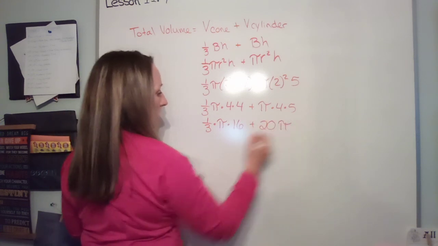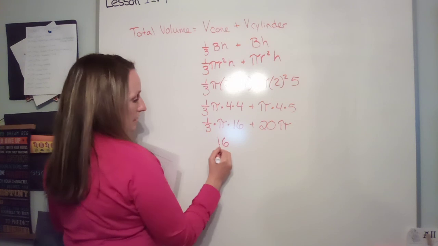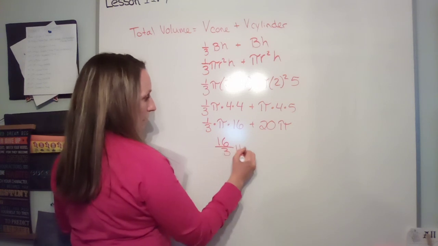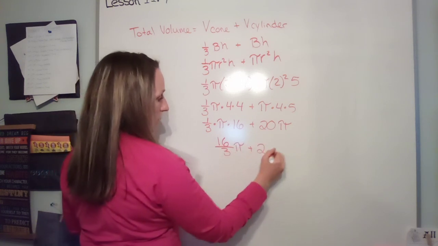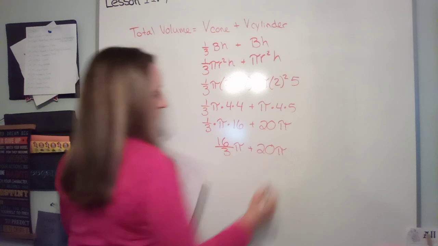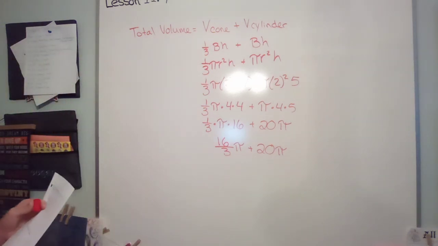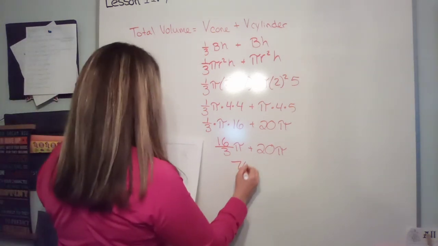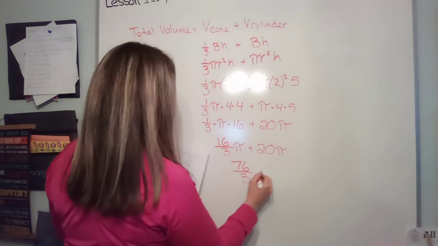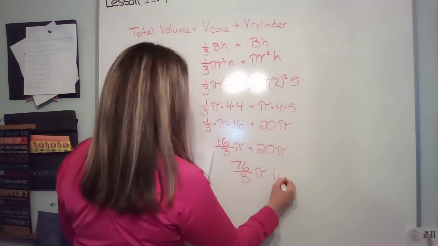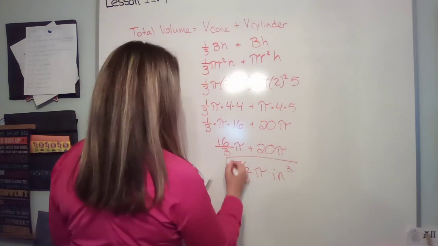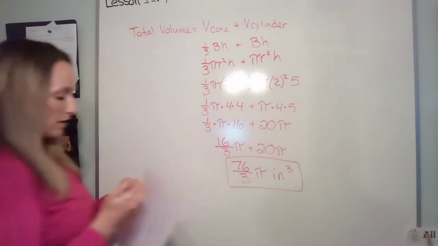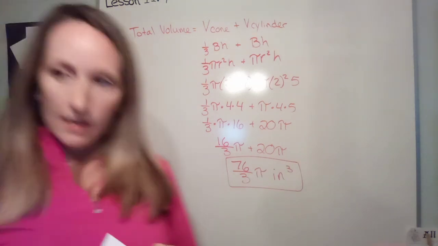So it's going to be 16 over 3 pi plus 20 pi. Alright, those are like terms. You can add the coefficients together, which will give you 76 over 3 pi inches cubed. Okay. And that is finally it.